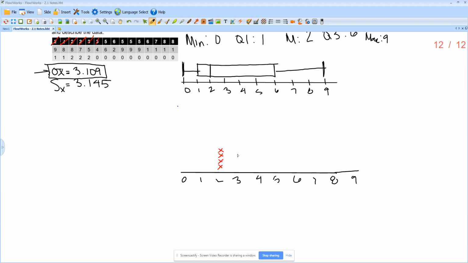I have 2 3s. Then I place the rest of the values for 5, 6, 7, 8, and 9.